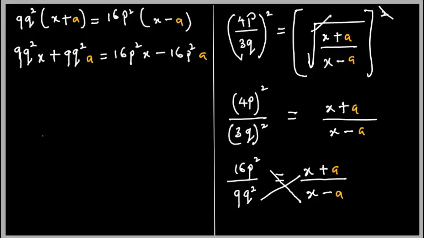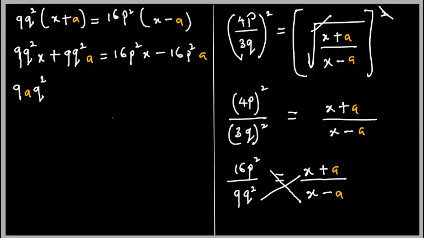All terms containing a should come to one side, other terms should go to the other side. From the left hand side, we have a term having a, that is 9q squared a.